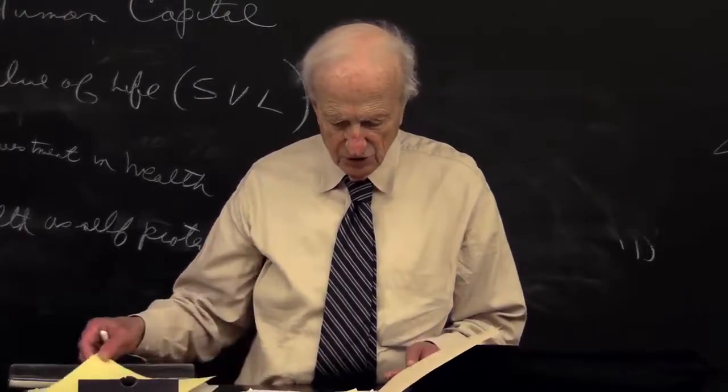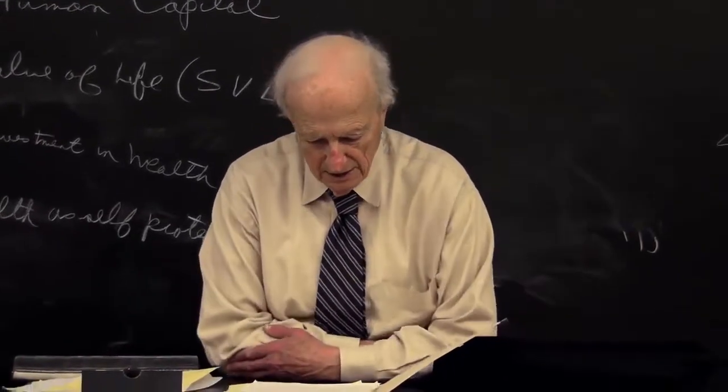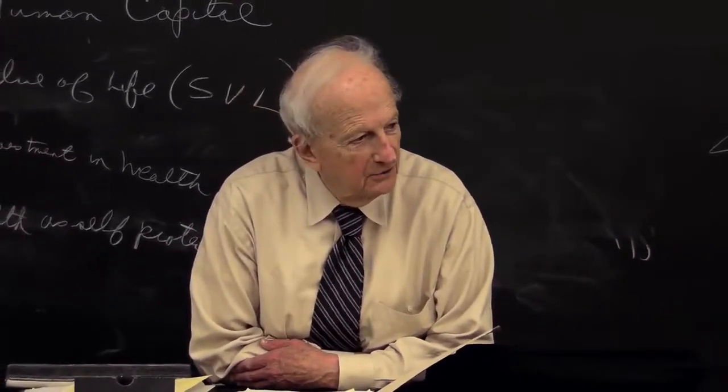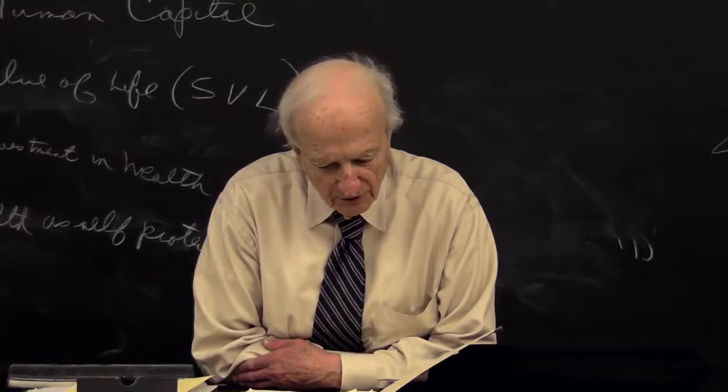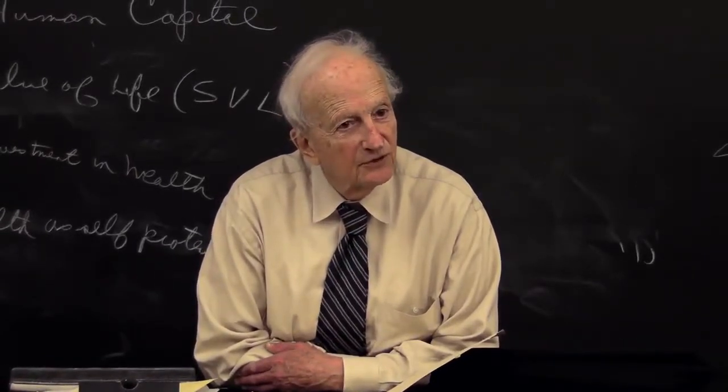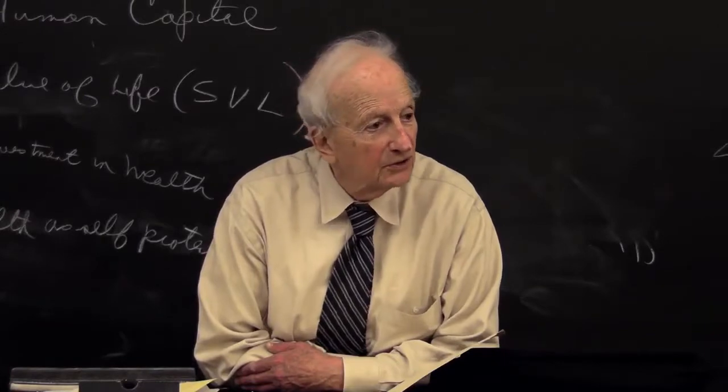So the way we're going to do it is very simply, we go back to our two-period utility function. Although I'm going to have to extend that later to more than 2 periods, because certain aspects of the theory of health you can't really do in 2 periods.